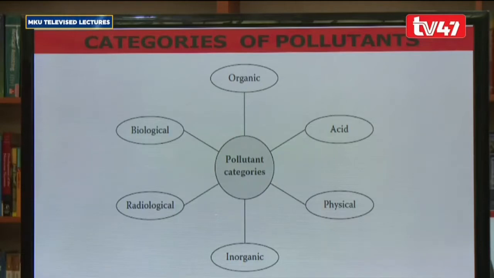Their nature is more physical. Inorganic pollutants have to do with components that cannot be easily biodegraded by the environment. Examples are nitrates and sulfates. Those forms take an inorganic nature.